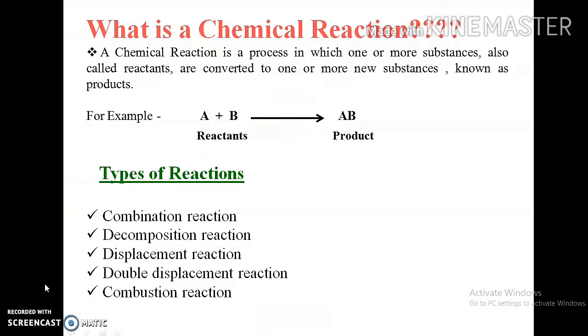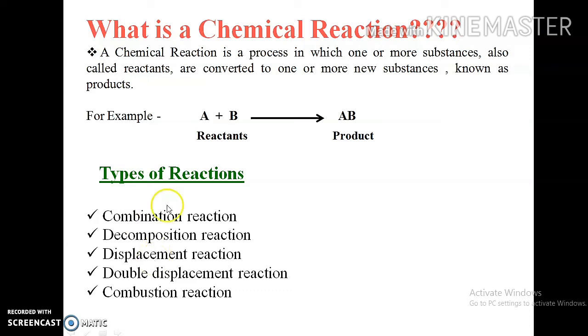What is a chemical reaction? A chemical reaction is a process in which one or more substances, also called reactants, are converted to one or more new substances, which are known as products. It means that two or more reactants react or combine to form a new substance.